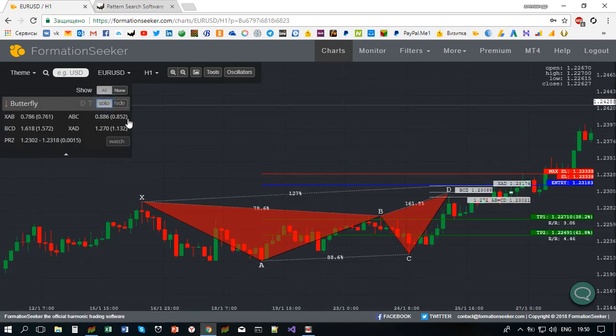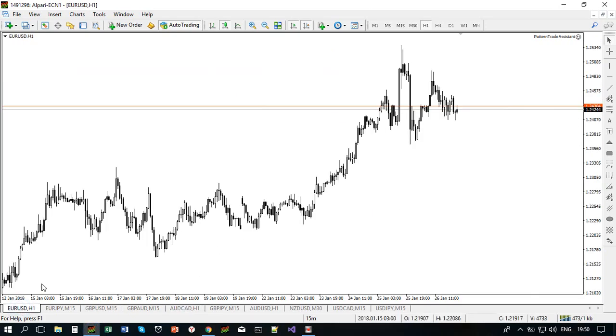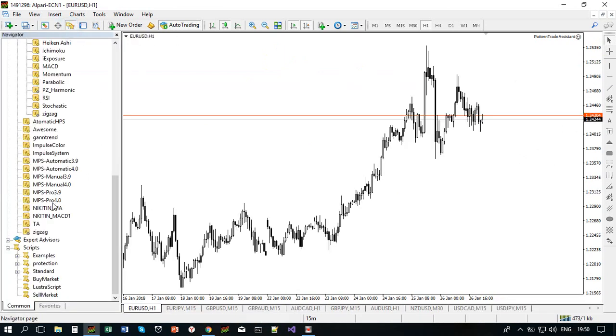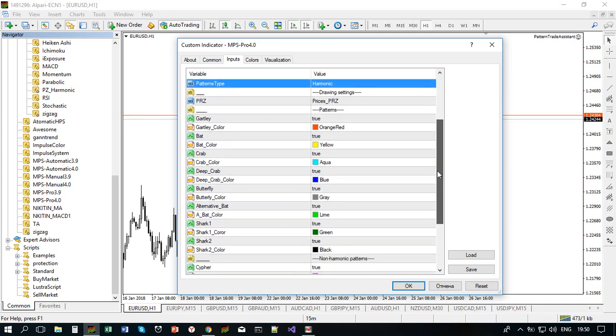Okay, let me open the lines. Large butterfly, perfect. Let's go euro dollar 1 hour. Oh, I need to attach the indicator. MPS Pro 4, large algorithm, harmonic, and then I need to disable everything, simply to isolate that butterfly.